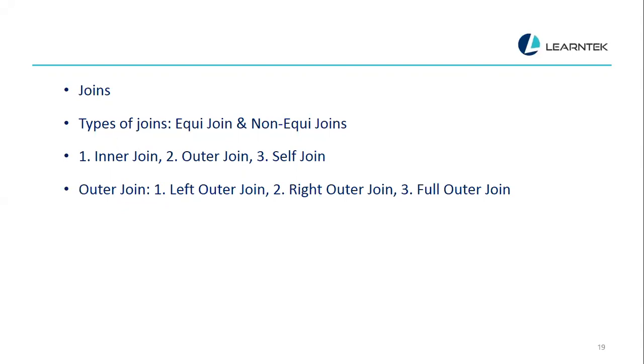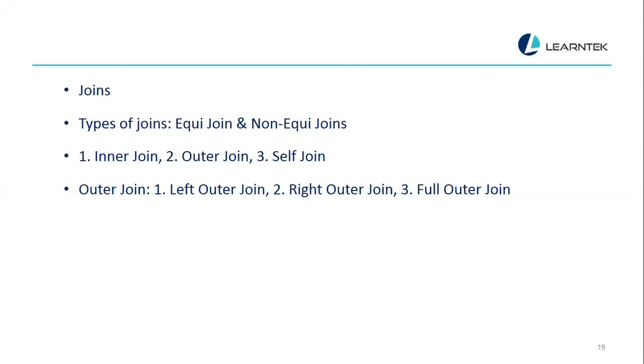While performing any joins in Tableau, there are two rules you need to keep in mind. The first rule is both the tables should have a common column. You're joining two tables, right?